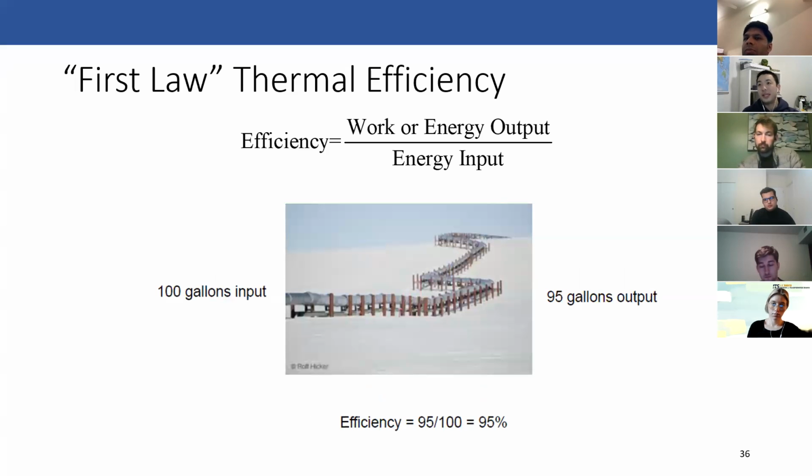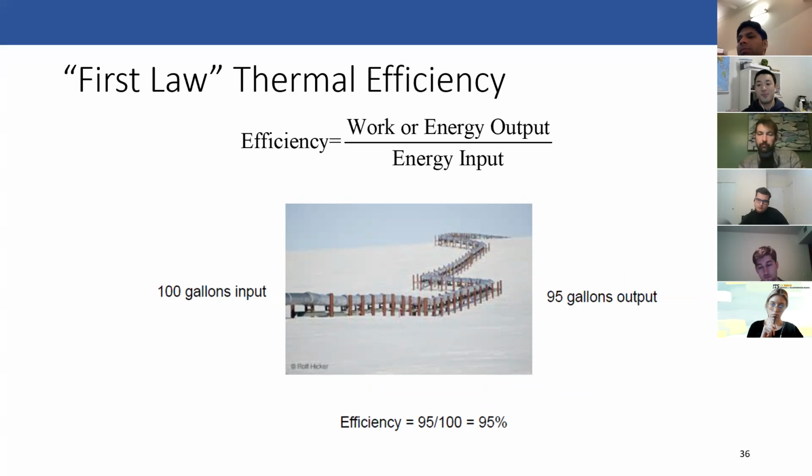But we can think of this in a way that doesn't always have to go through a direct energy conversion, right? As long as your units are the same. So here we can talk about the efficiency of a pipeline, right?